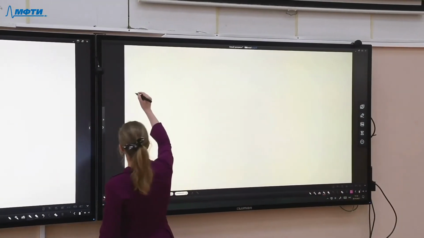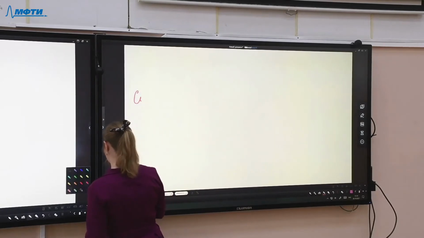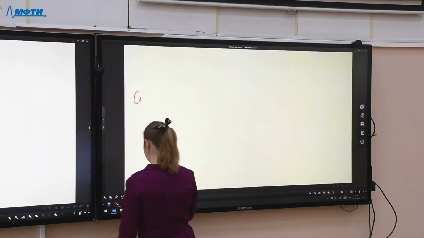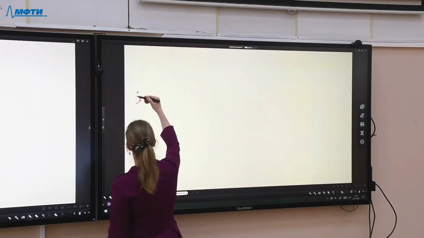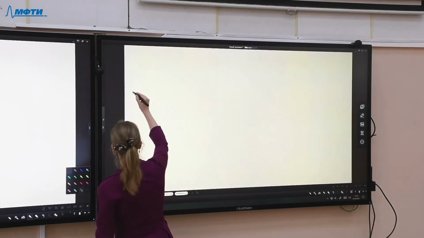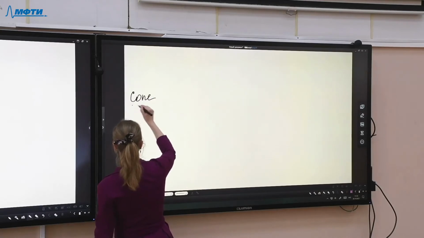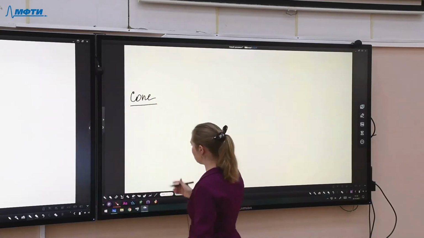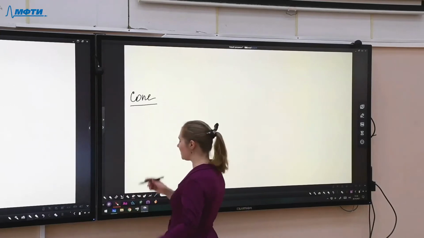And a cone. Here we have a base and a vertex.